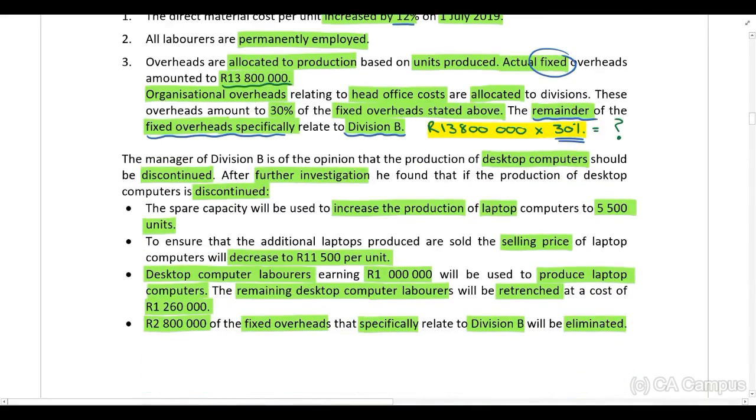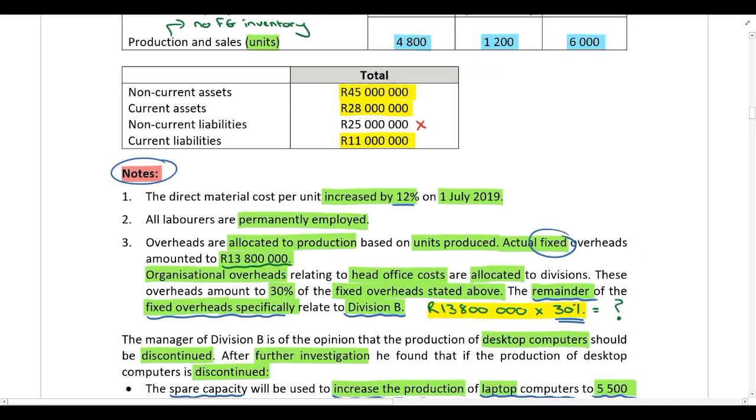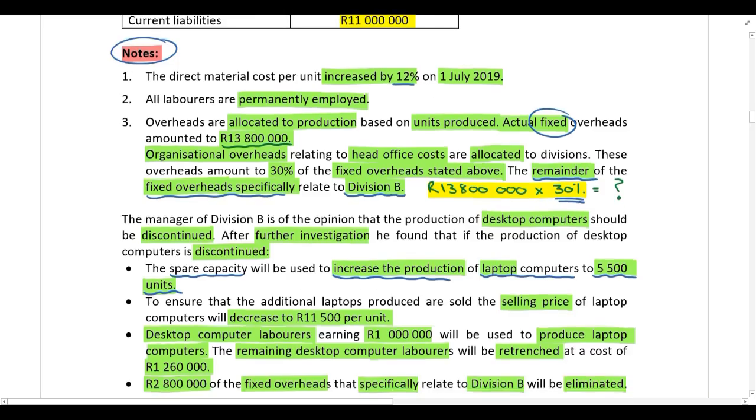You were specifically told that the spare capacity will be used to increase the production of laptop computers to 5,500 units. So currently they are producing and selling 4,800 laptop computers, and that's now going to increase to 5,500.